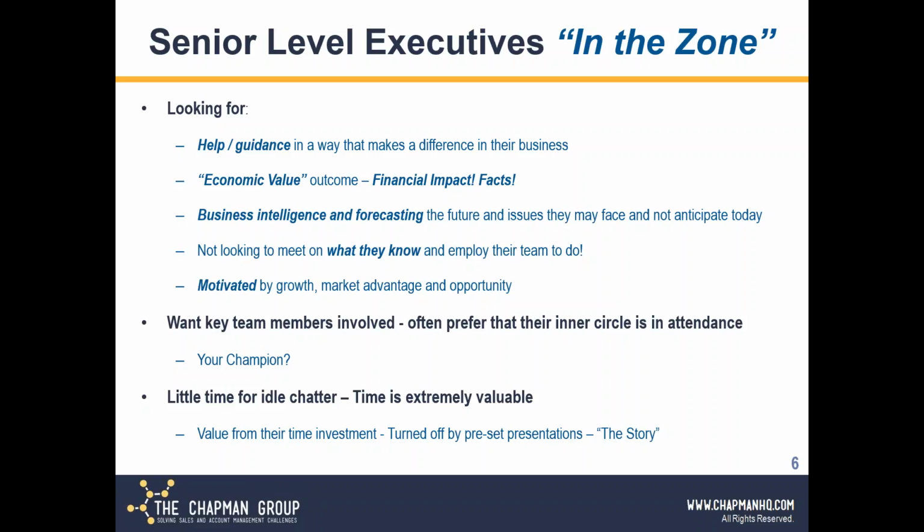They really want business intelligence and forecasting that they do not have today from their own team. Now, what they're not looking for is what they already know. And they're extremely motivated by growth, market advantage, and opportunity. Go figure. They're accountable, as you'll see shortly, to their stakeholders and shareholders for revenue and profitability.